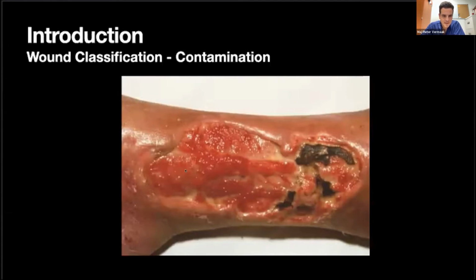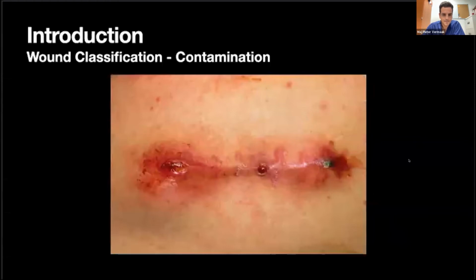And then you can see the red parts of the wound almost looks cobbled, and that's what we call granulation tissue. So when the wound is starting to heal from the depth of the wound, and is trying to heal itself, pushing up. So that wound, because it's been there for a long time, will be colonized. So it's not infected, but there are definitely bugs in there if you're going to take a swab and send it off to the lab.